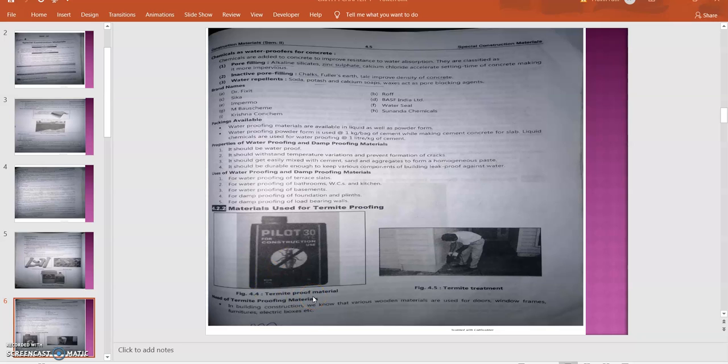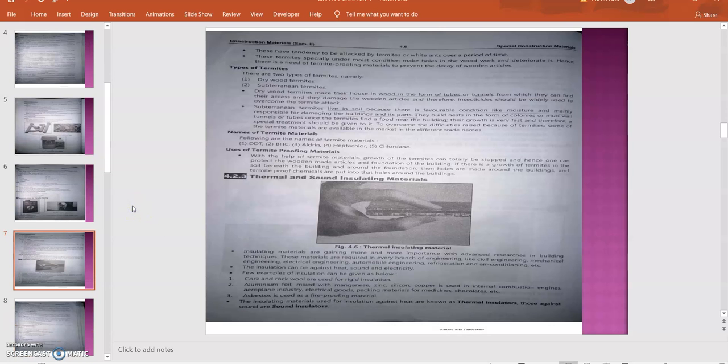In building construction, we know that various wooden materials, steels, doors, window frames, furniture, and electric boxes get attacked by termites. Sometimes fungal attacks are also seen over them.